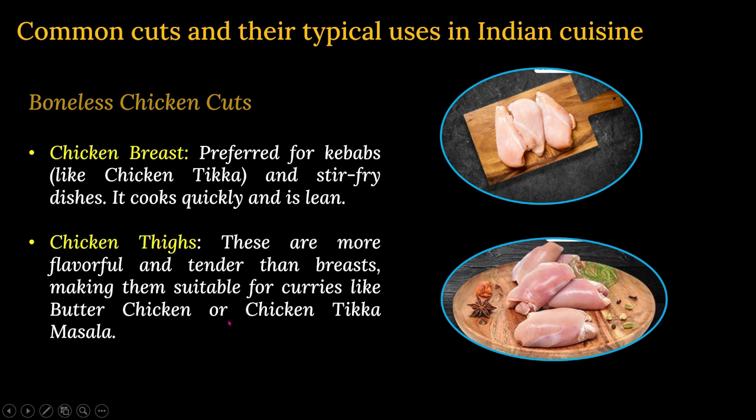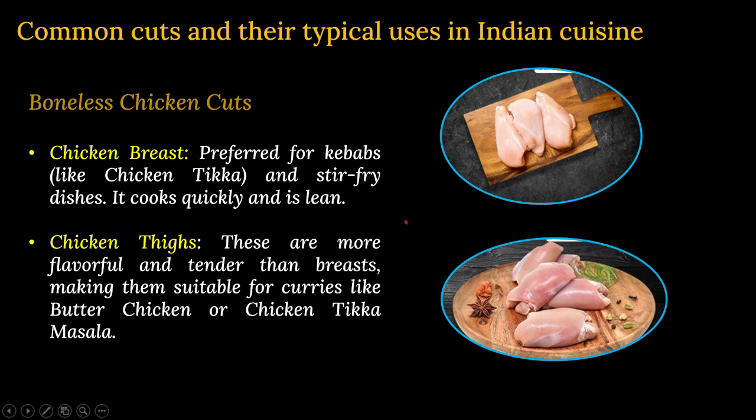Chicken thighs. These are more flavorful and tender than breast. Why? Because in our earlier class we mentioned that the chicken breast is the area which is not exposed to that much exercise. As a result, it is whitish in color and a little tough. Sorry, they are not tough, they are soft.